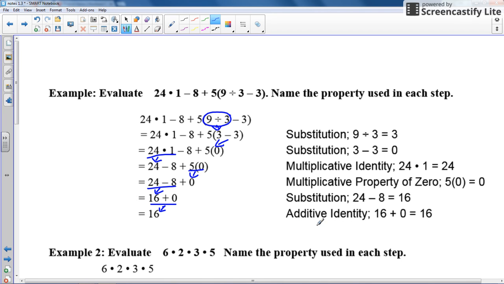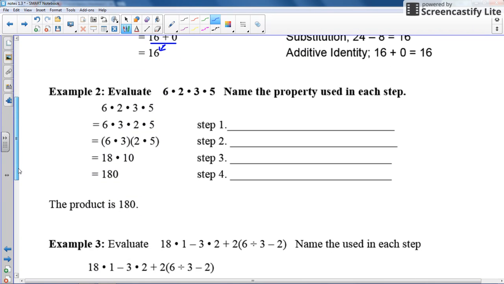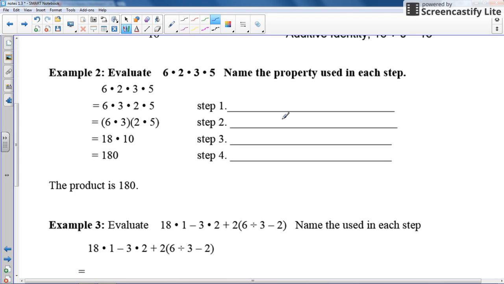And that's the additive identity, that 16 plus 0 gets to keep his identity of 16. So again, the math we're doing here is not anything new. It's just order of operations. But the justification is what we're doing new today by naming each step and justifying why we can do each one.